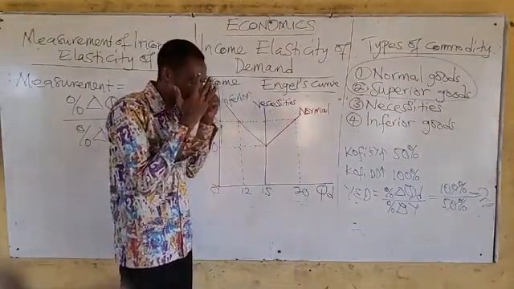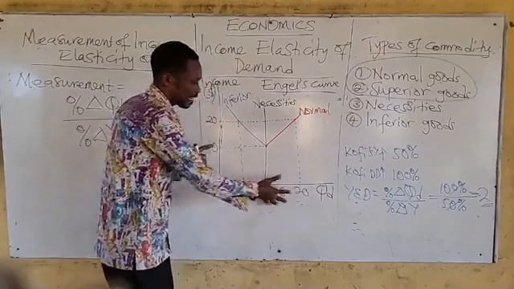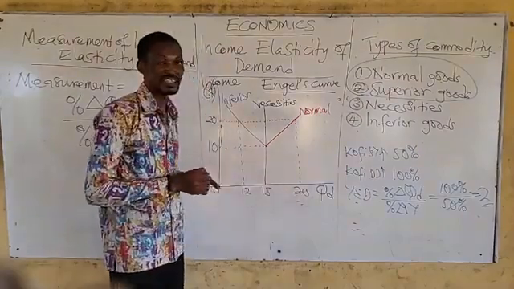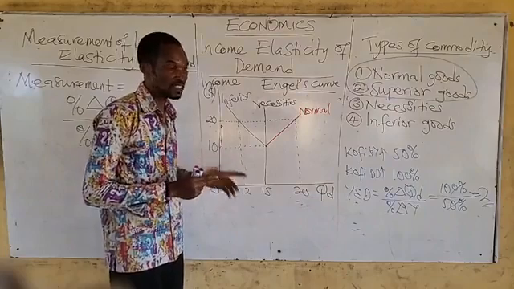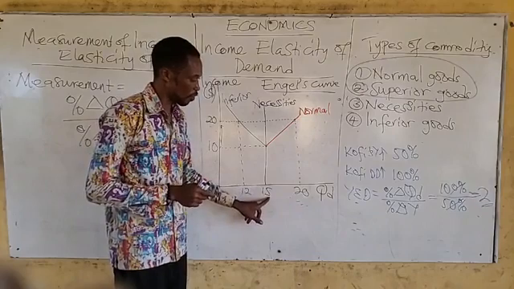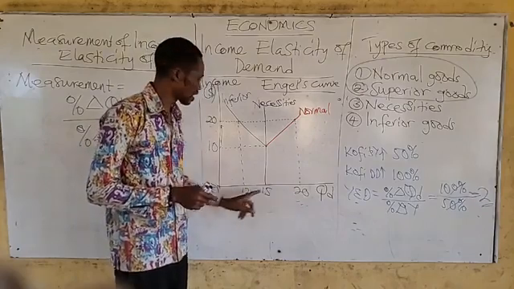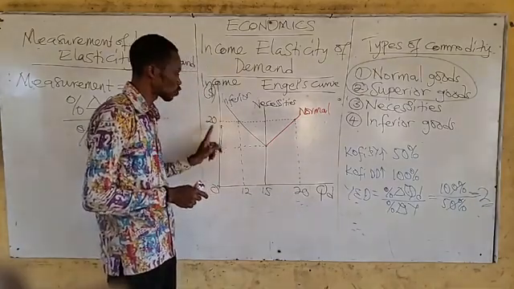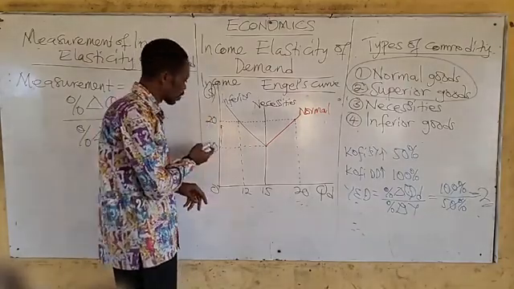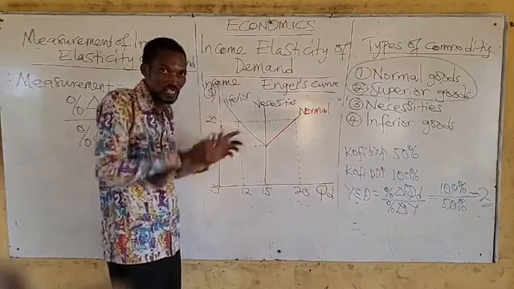And as I can see from the diagram over here, I can see that for this particular commodity, the answer will be normal commodity. Why am I saying so? When you calculate the percentage change from 15 to 20, it will be less than the change from 10 to 20. Because you add 10 to 10, the percentage change is 100%.